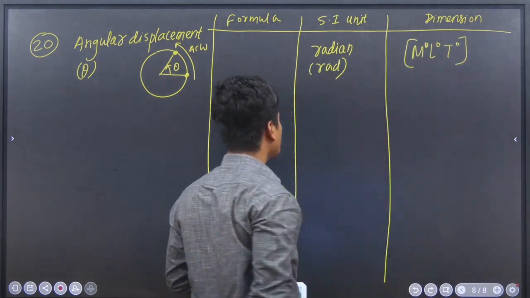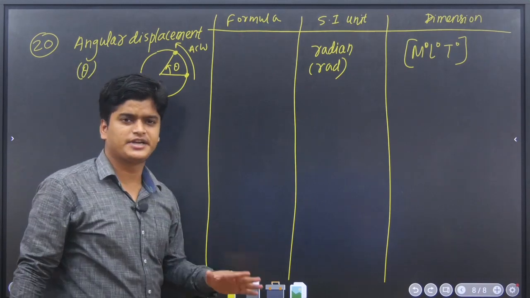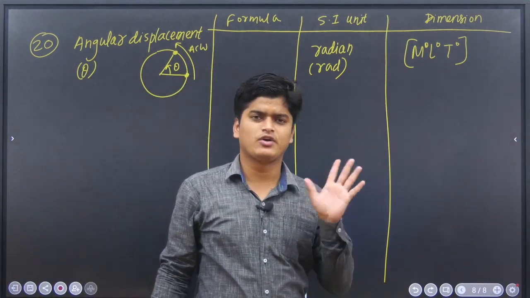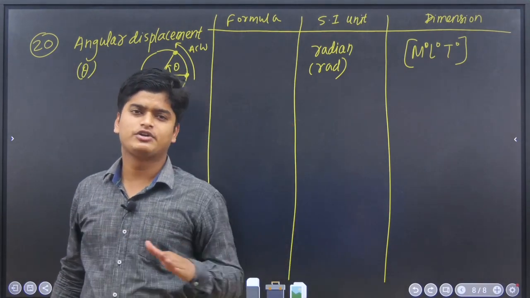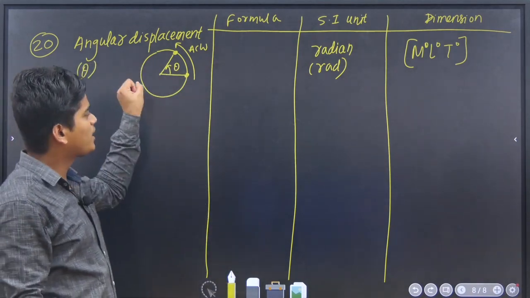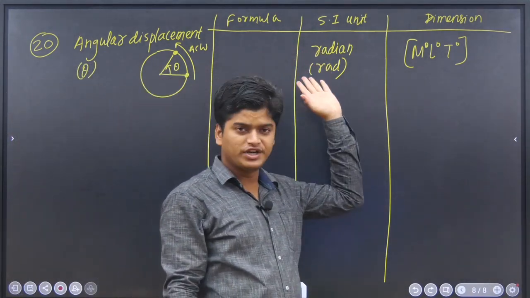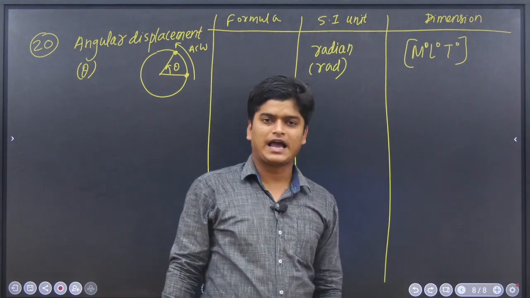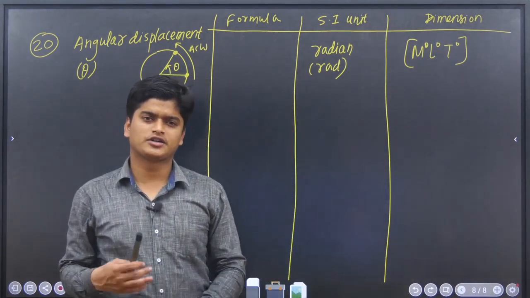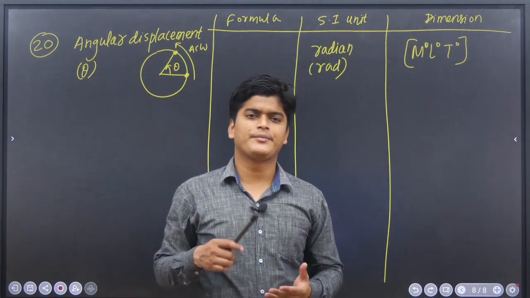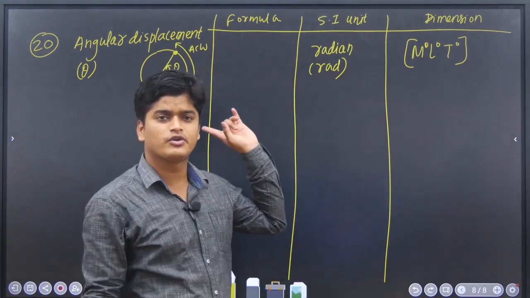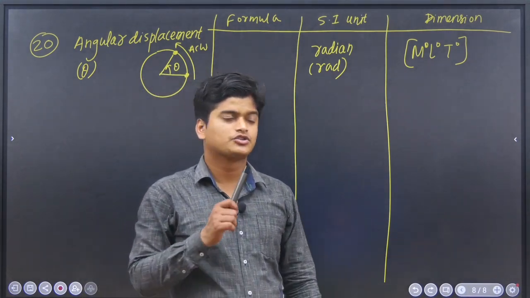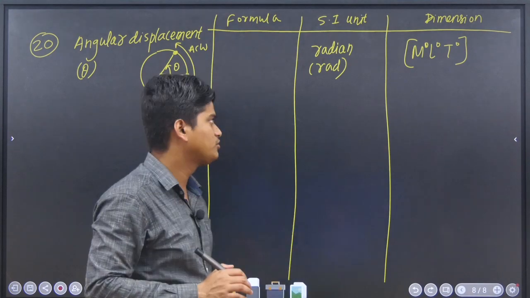Remember, for angular displacement the dimension is M0 L0 T0 because it has no dimension. This is a quantity which has a unit but no dimension. A certain type of quantities have a unit but no dimension. Angular displacement is an example: it has the unit radian but no dimension.